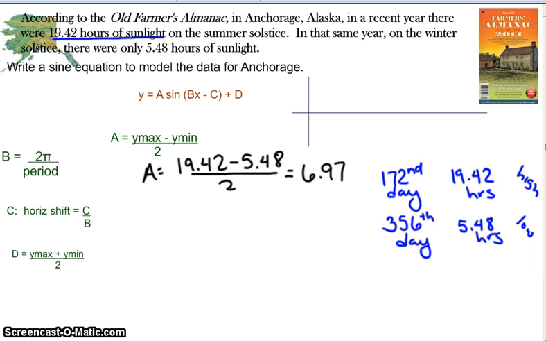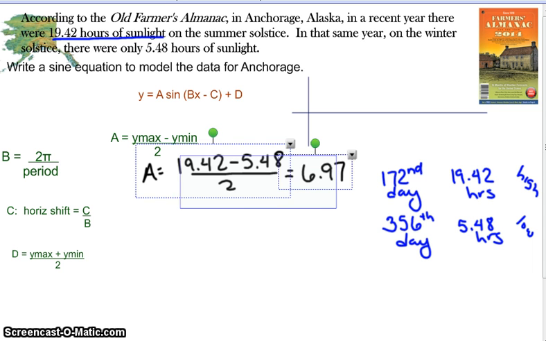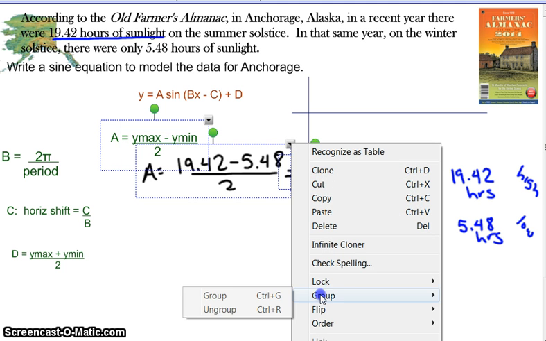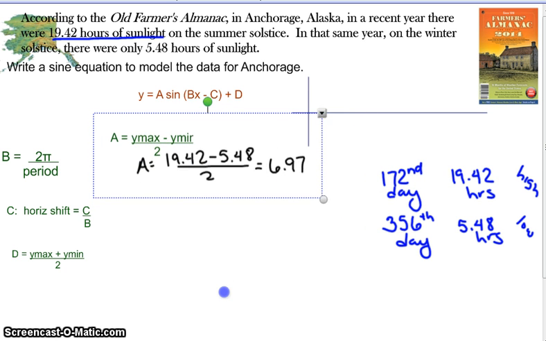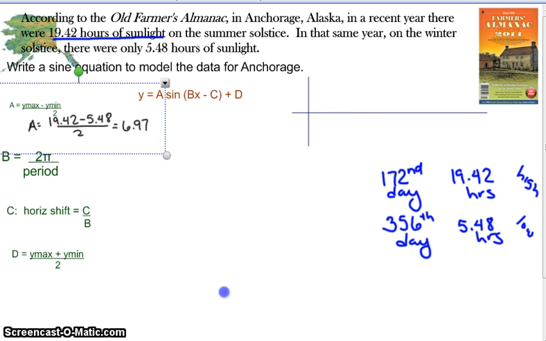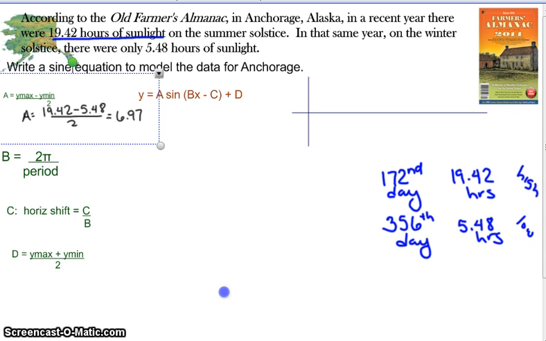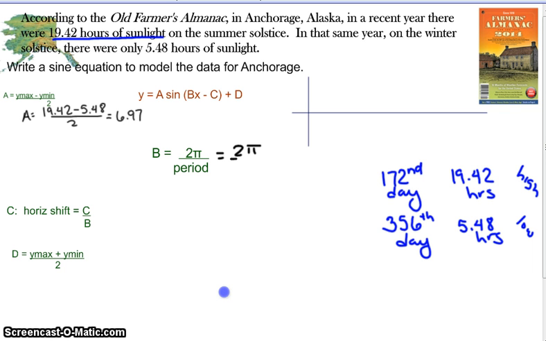What does that represent to our problem? For our problem, that 6.97 represents the variation in the sunlight that they get throughout the year in Anchorage, Alaska. I'll take that and set that aside. Let's talk about B. For B, we're going to go 2 pi over our period.